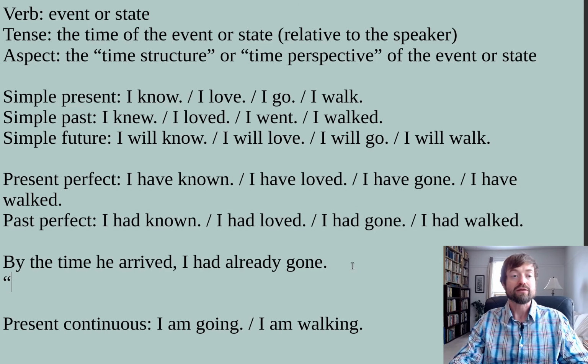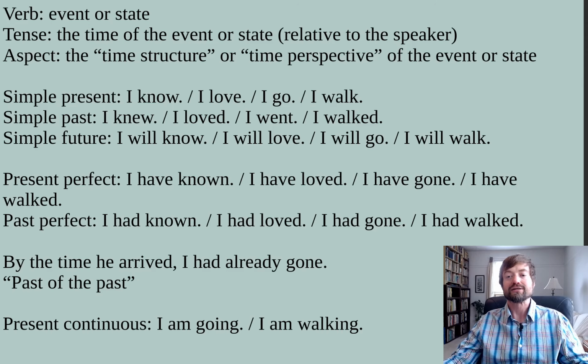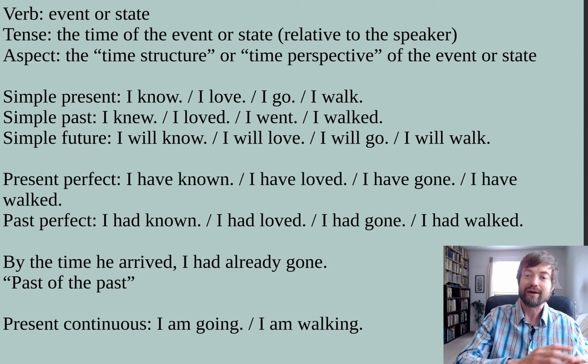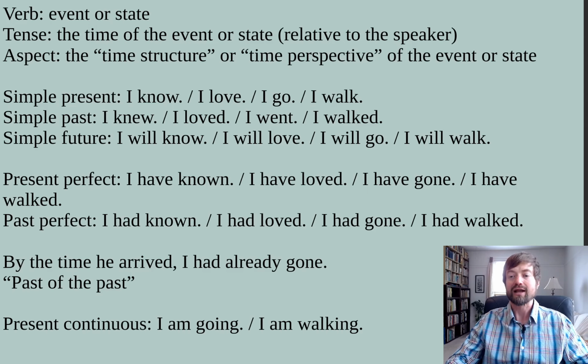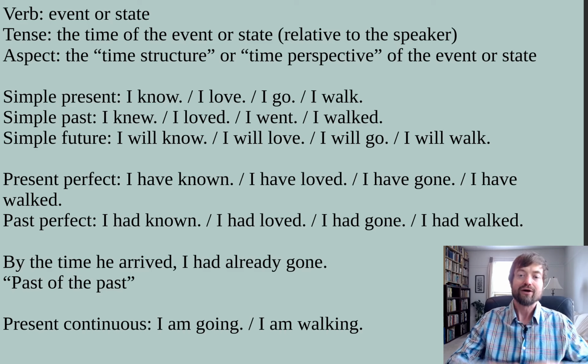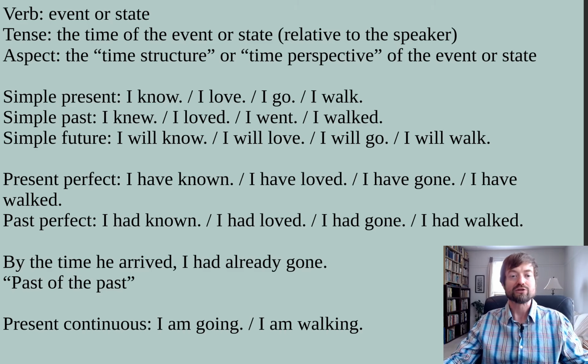And that's why the past perfect is often called the past of the past. And it can be a little bit misleading because it's not the same as simple past, but it's a resulting state that was already there at a point in the past. So it's referring to something that happened before a point already in the past.